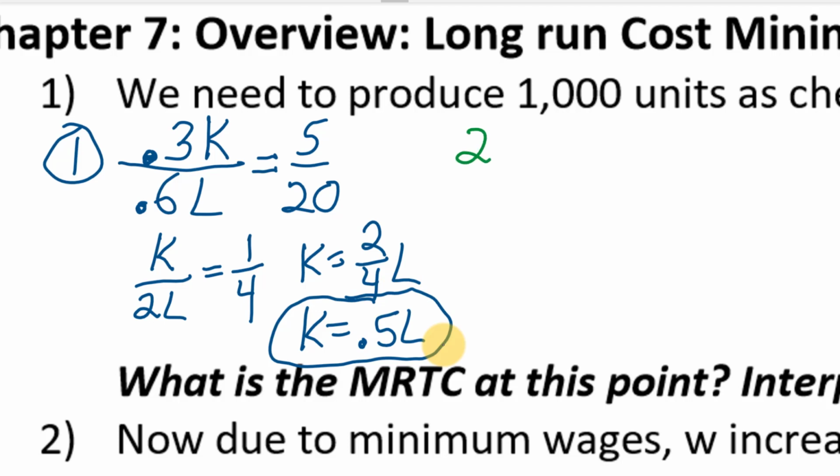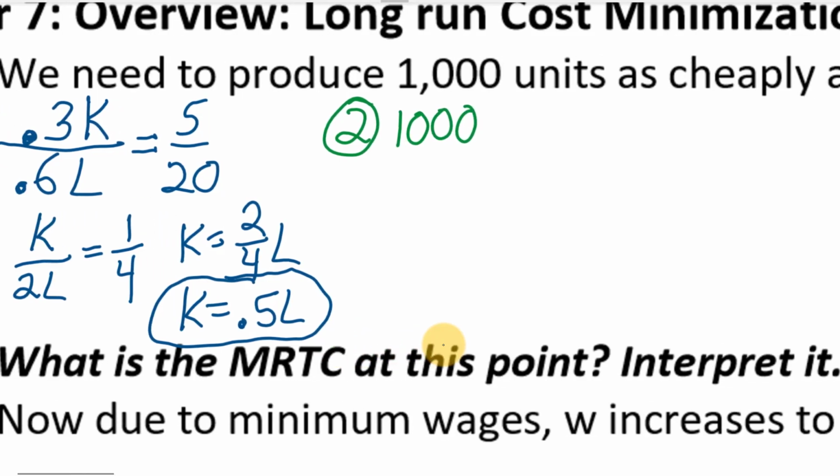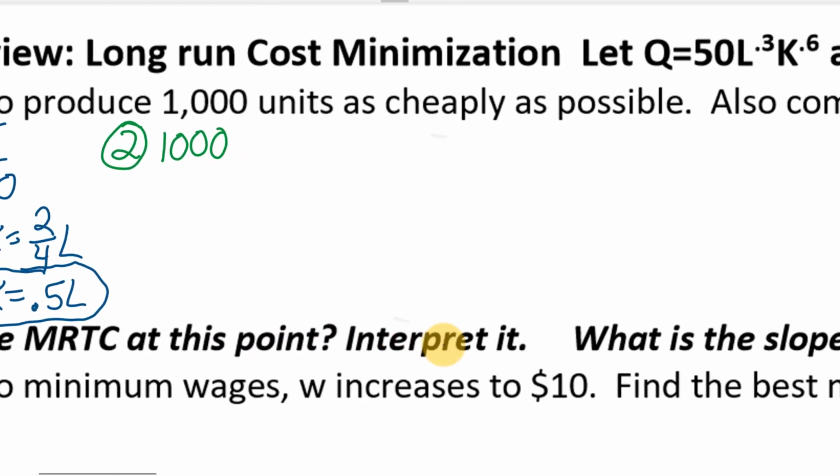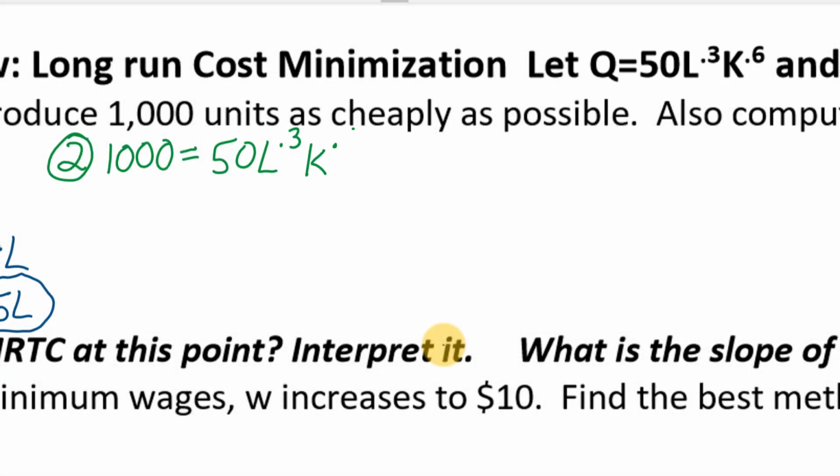All right, let's set up our second equation. The second equation simply guarantees that we are somewhere on that isoquant where we're producing 1,000 units of output. So we just set Q equal to 1,000 and set that equal to our production function over here, 50 L to the 0.3 times K to the 0.6.